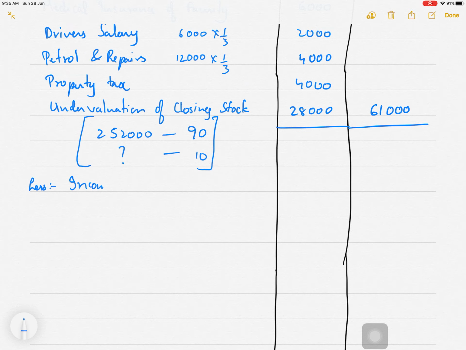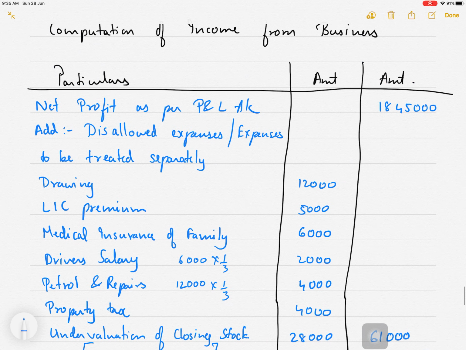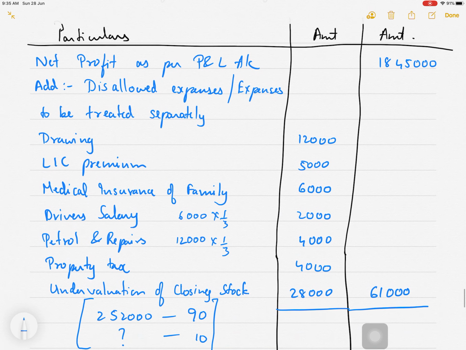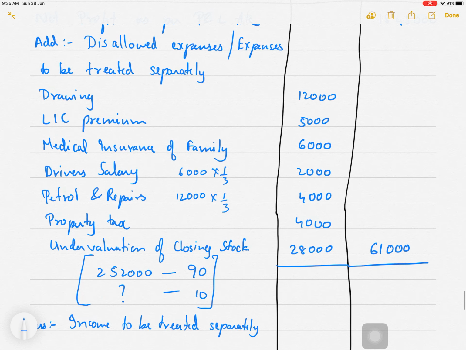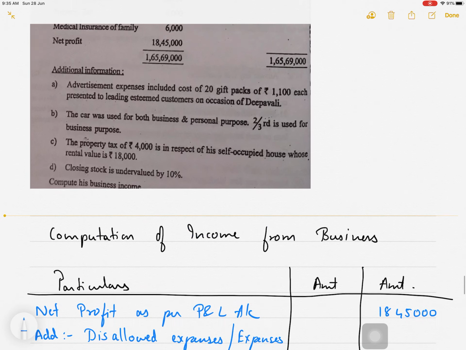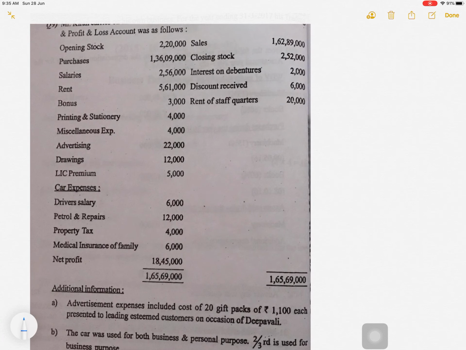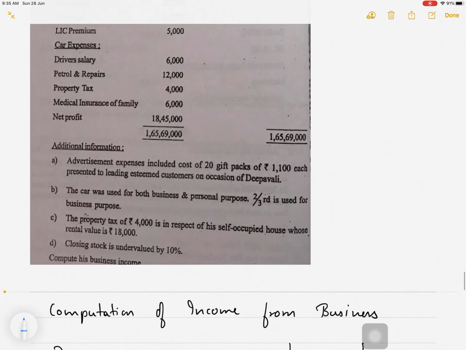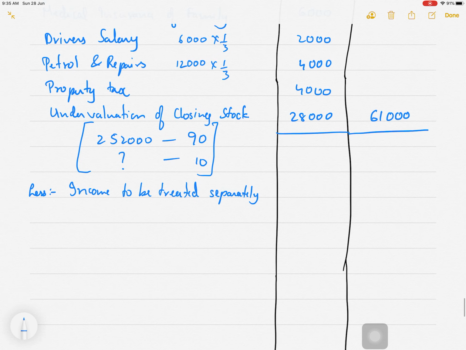Less income to be treated separately. There's only one item in your P&L account which has to be treated separately.